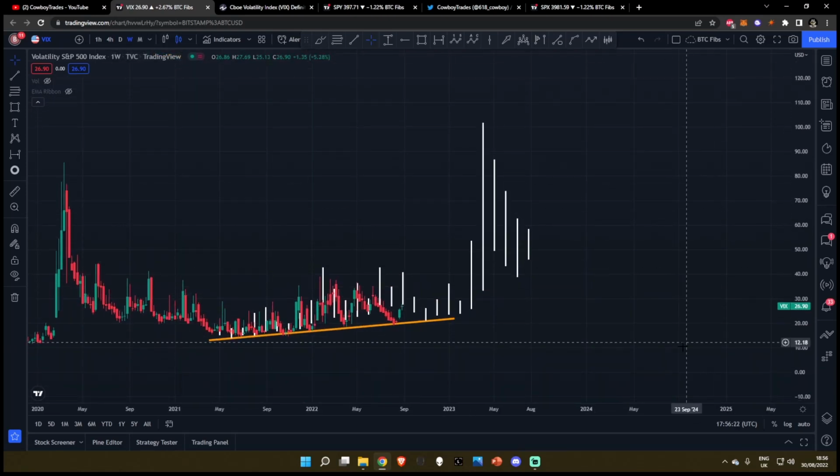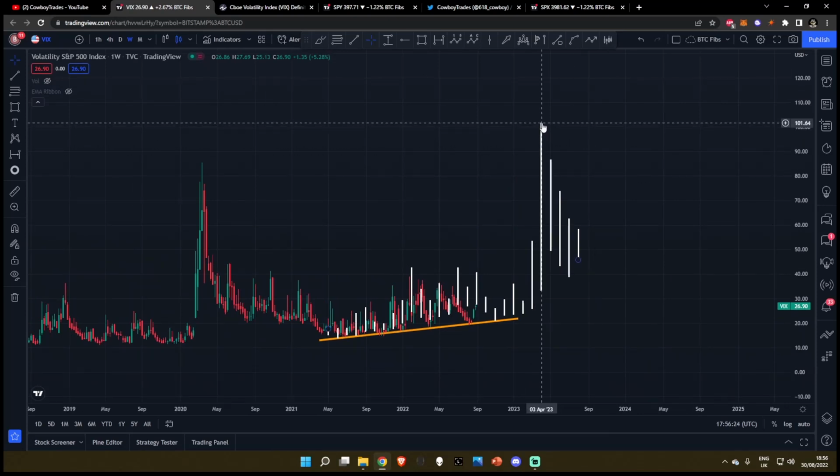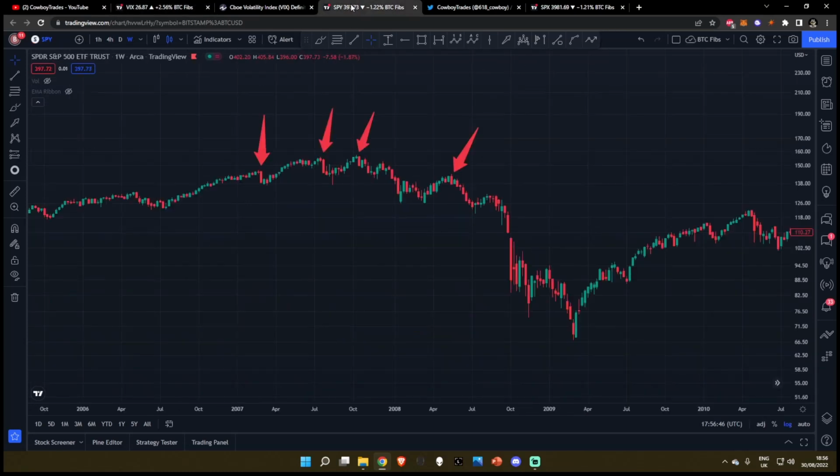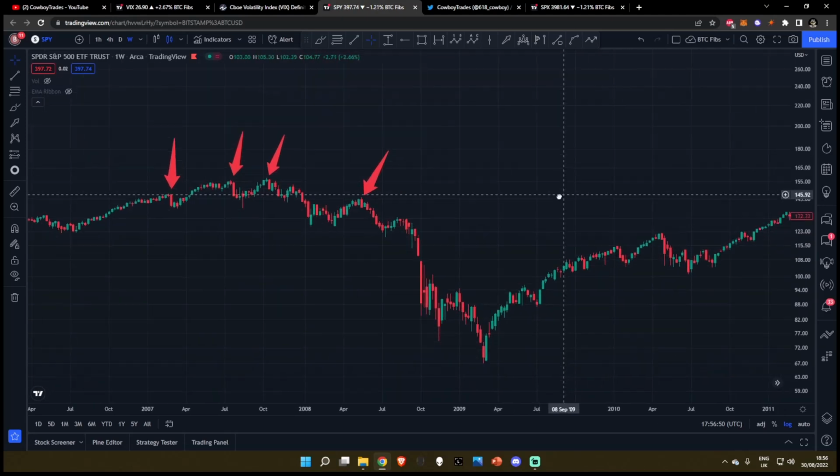And looking at what happened in the VIX back here, if this is going to play out, then we shouldn't expect the VIX to top out until the 3rd of April 2023, which, yes, basically means for the next 8 months we should be expecting the VIX to make higher lows and higher highs, and with this we should be expecting the stock market to keep on making lower lows and lower highs.